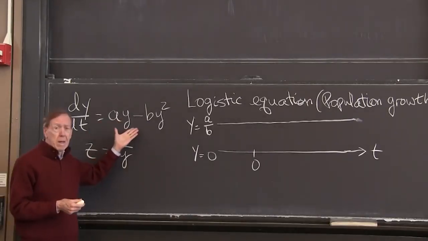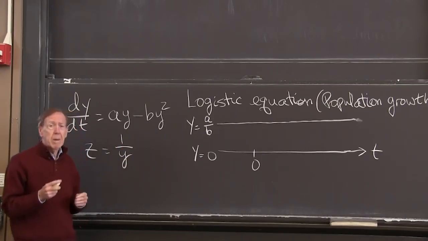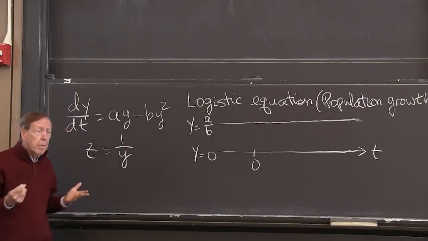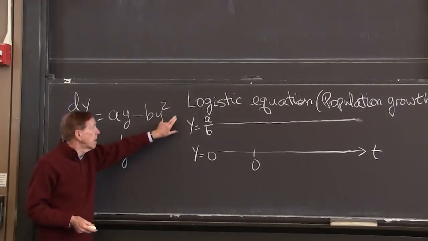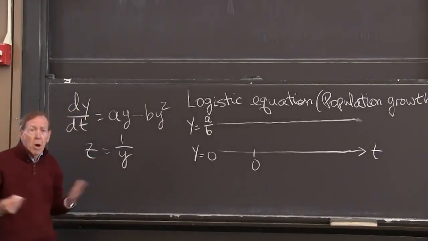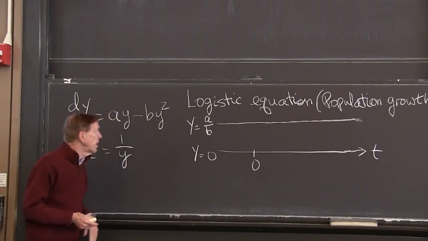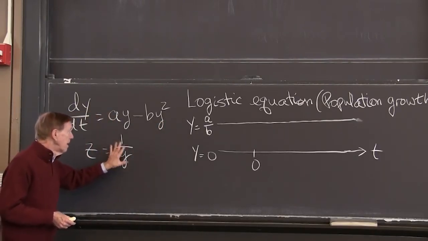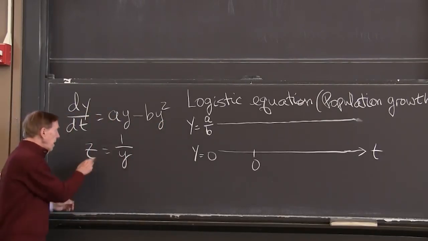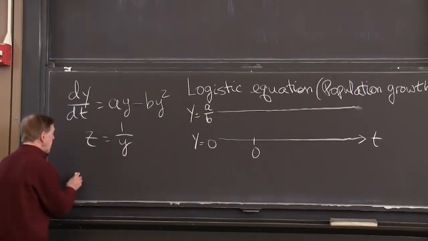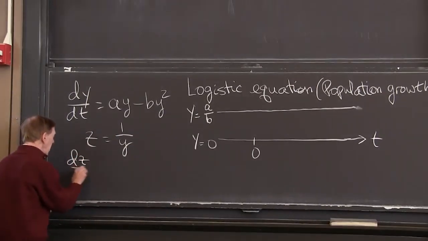We need, in the end, a more systematic way that would work for other problems, like there could be some constant term there from harvesting, changing the equation. Let me go with this one. So what's the equation for z then? dz dt.